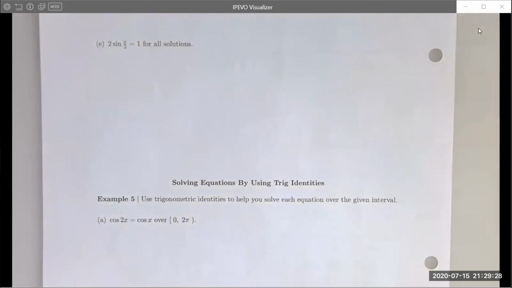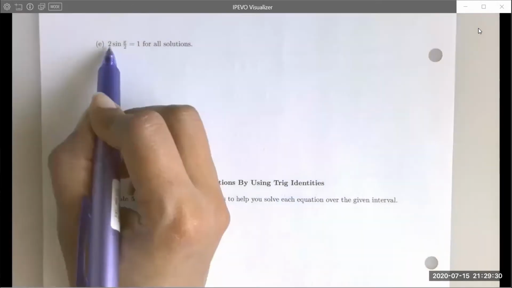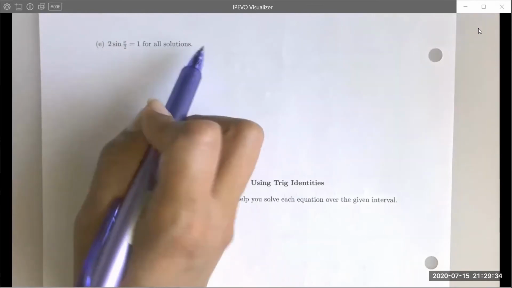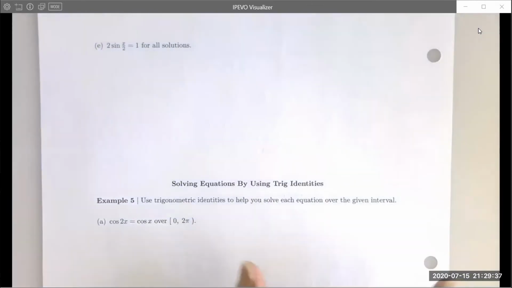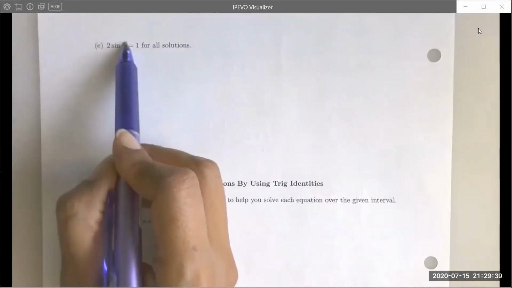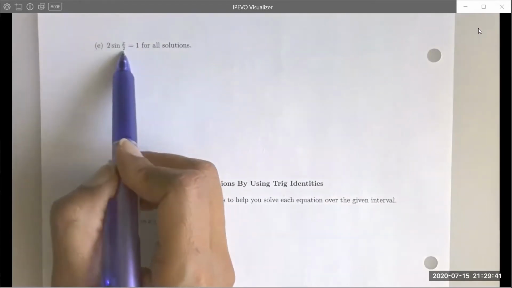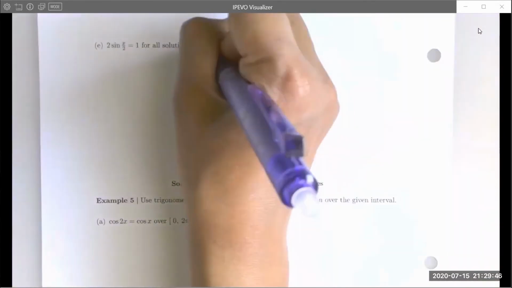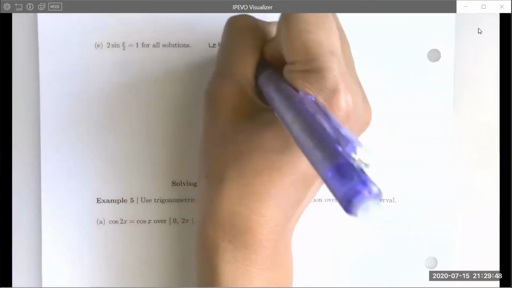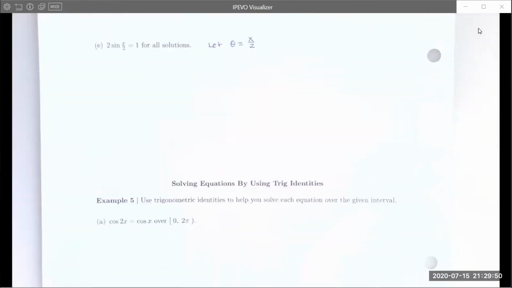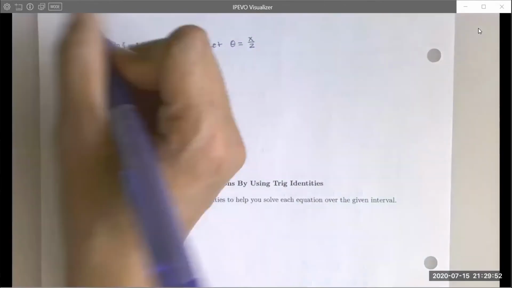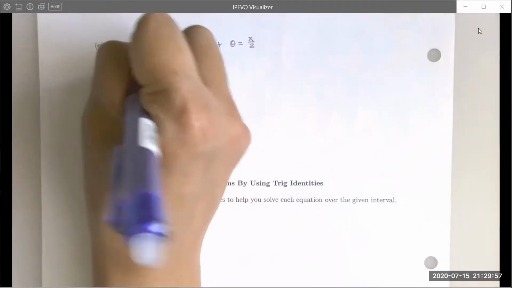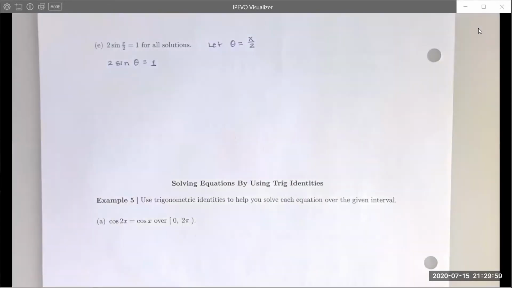So for part E, we have to solve 2 sine of x over 2 equals 1 for all solutions. What makes this equation tricky is the fact that the argument is not a single variable. It's actually this expression x over 2. So for now, I'm going to let theta equal x over 2 so that I can focus on just isolating the trigonometric function.